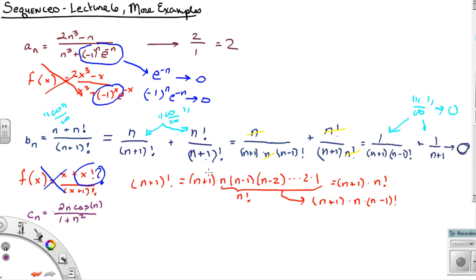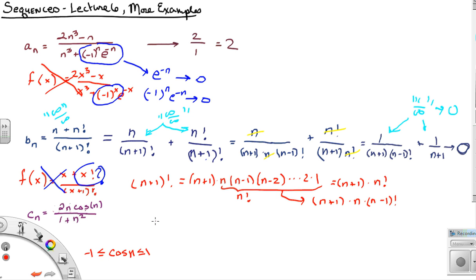Okay, but one thing we do know about cosine of n is that it's bounded. Cosine of n is always less than or equal to 1 and bigger than or equal to -1.